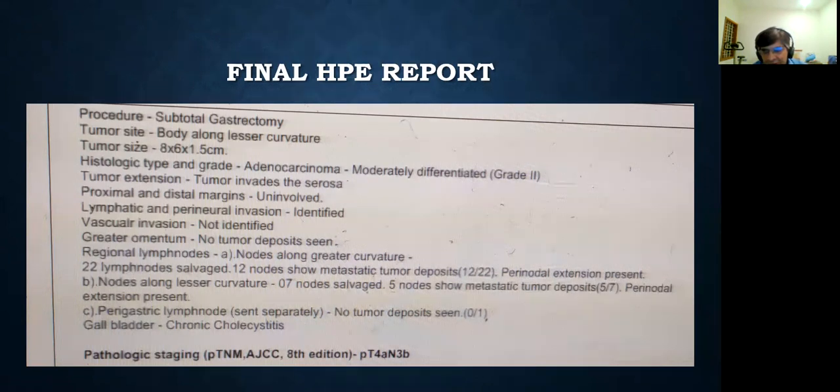I want one clarification. Endoscopic mucosal resection, they say for tumor less than 2 centimeters, is practiced in Japan, for well-differentiated tumors with no nodal spread. Is it practiced in India? It is practiced in India, but we don't see so many early gastric cancers.